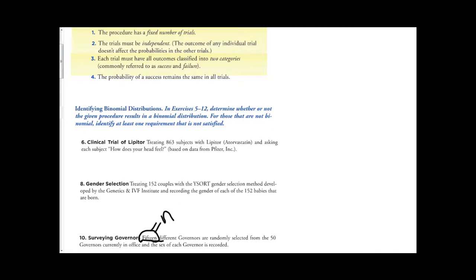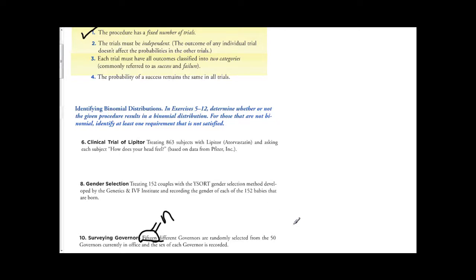Okay, let me see here. Actually, this one checks out. The independence part: the trials must be independent. Hmm. The outcome of any trial does not affect the probability in any other trial.